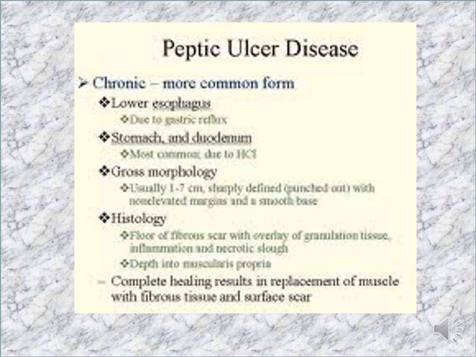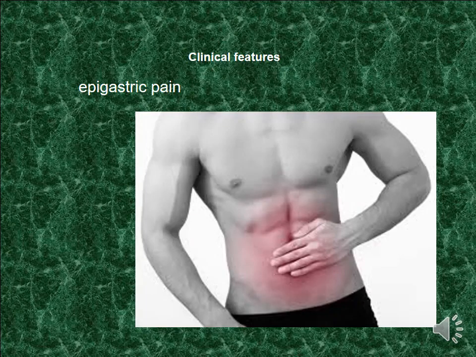The histological feature is a floor of fibrous scar with granulation tissue, inflammation, and necrotic slough, extending deep into the muscular layer. Complete healing results in replacement of the muscularis mucosae with fibrous tissue and a surface scar, with the mucosa healing back to normal.